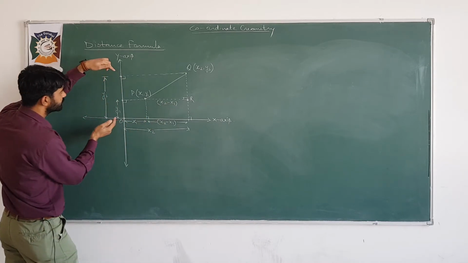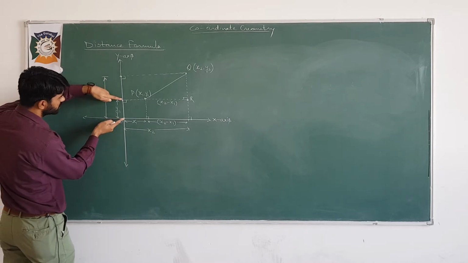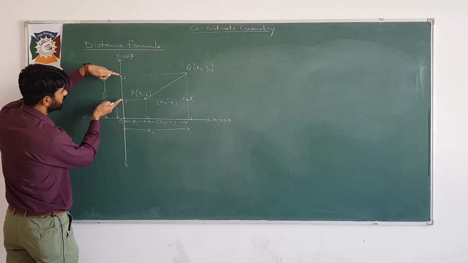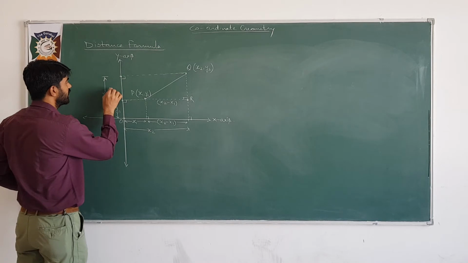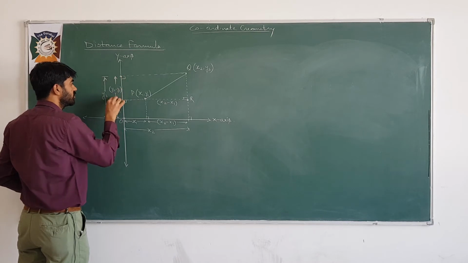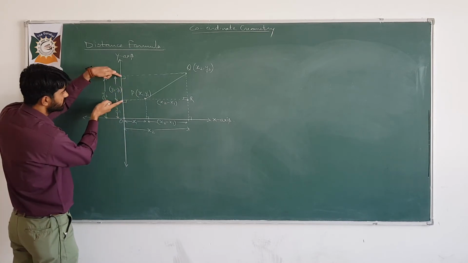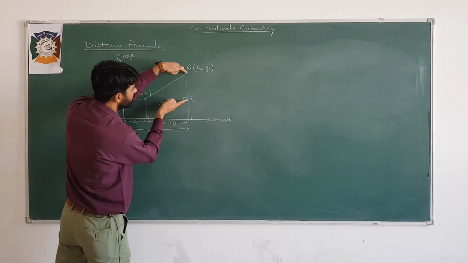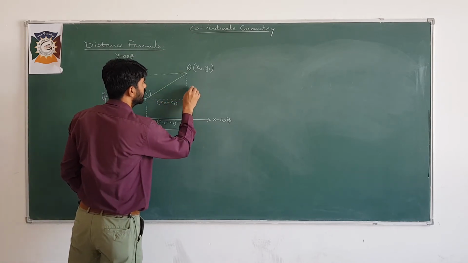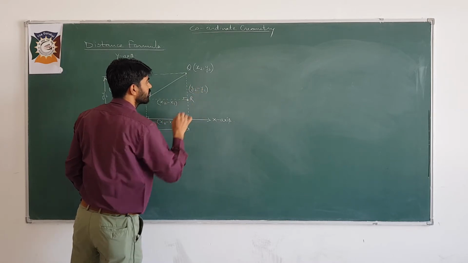Now look here, this total distance is y2, this much is y1, so what about this? This gap will be y2 minus y1, from here to here. So this gap is y2 minus y1, and same will be QR. So QR is equal to y2 minus y1.